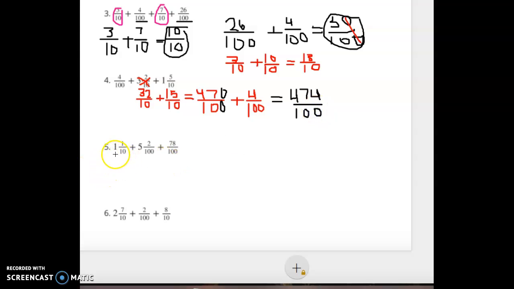So we have to change this. This would be 11 tenths. This would be 502 hundredths. And then we have 78 hundredths that we didn't have to change.